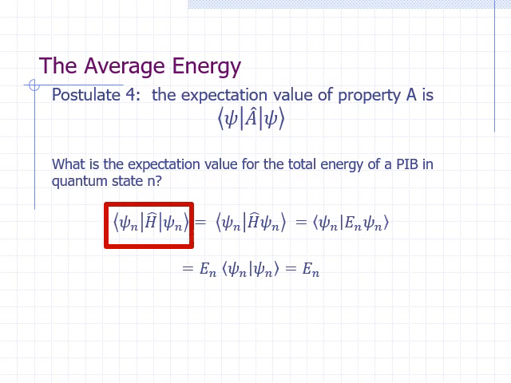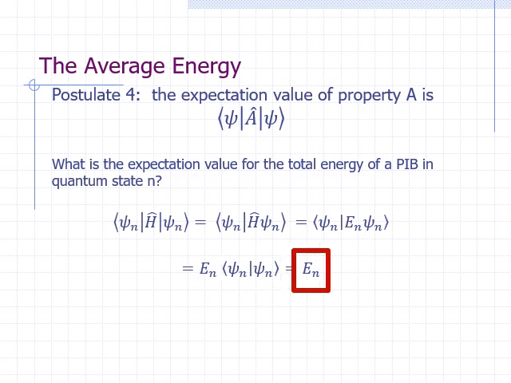Since the wave function psi sub n is an eigenfunction of the Hamiltonian operator, applying H hat on psi sub n gives us back the eigenvalue E sub n times psi sub n. Since E sub n is a constant, we can pull it out of the integral. Since psi sub n is normalized, this integral that remains is equal to 1. Therefore, the expectation value of energy for quantum state n is E sub n.